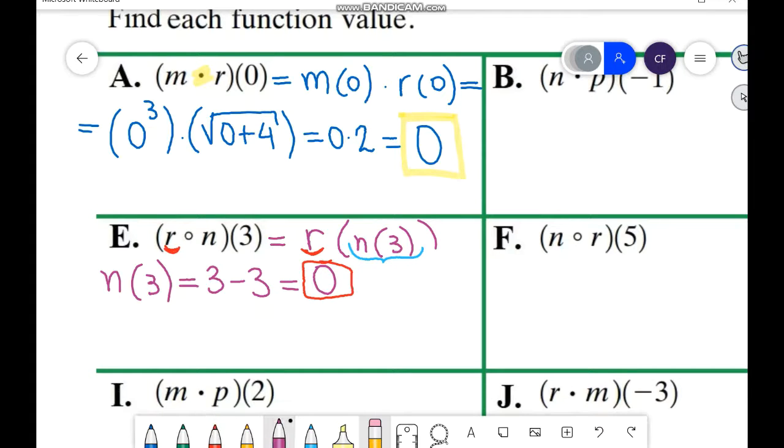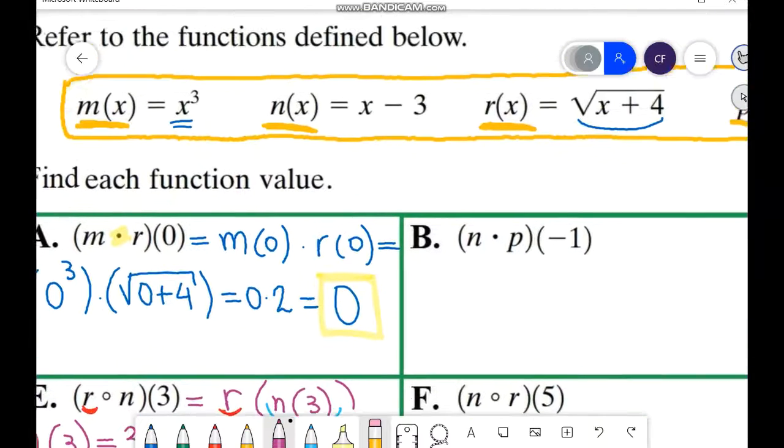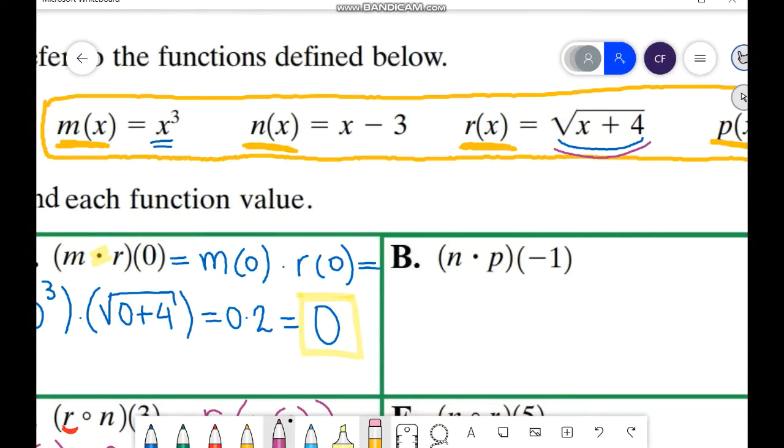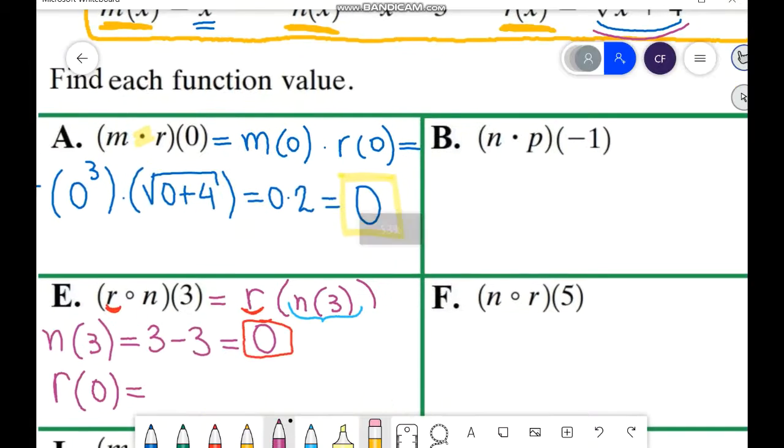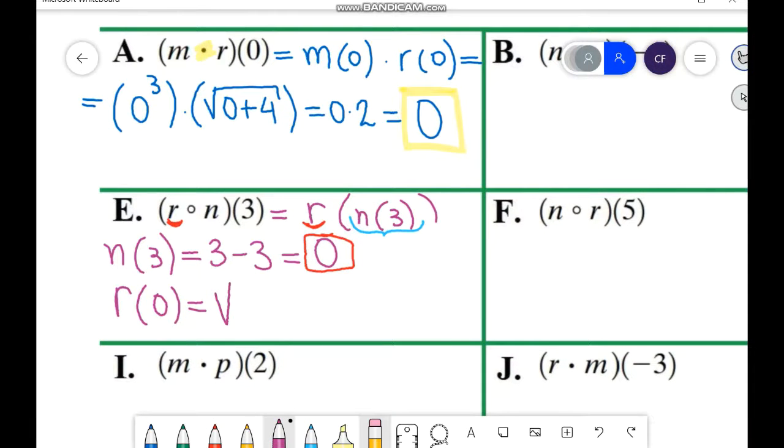The result you're going to feed into the function r. R of 0. And just to check, function r is square root of x plus 4. Square root of 0 plus 4 equals square root of 4 equals 2. That's it. This is the answer.